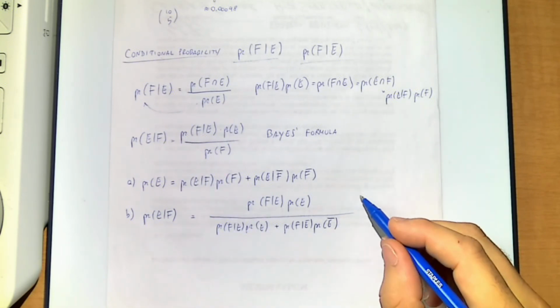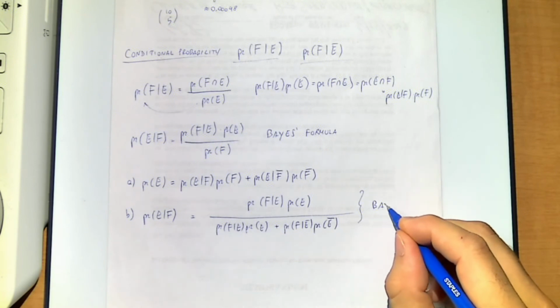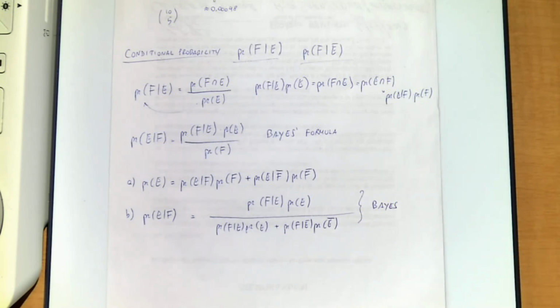This is like the generic version of Bayes' formula, and it's easy to prove. You have a proof in your book for this.